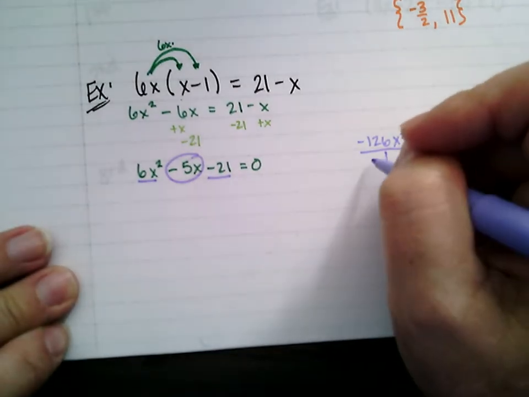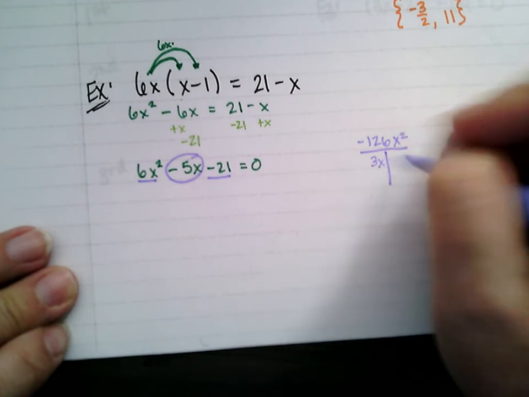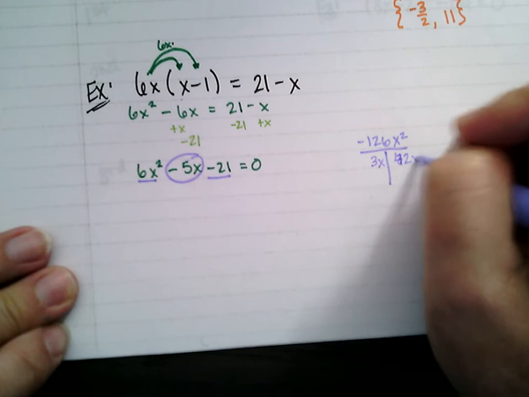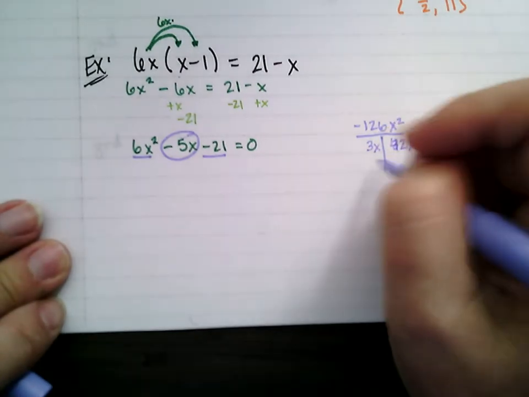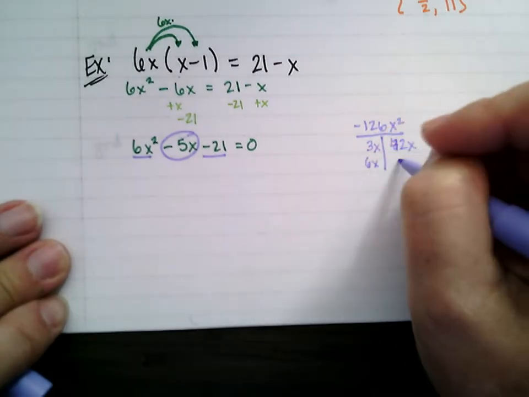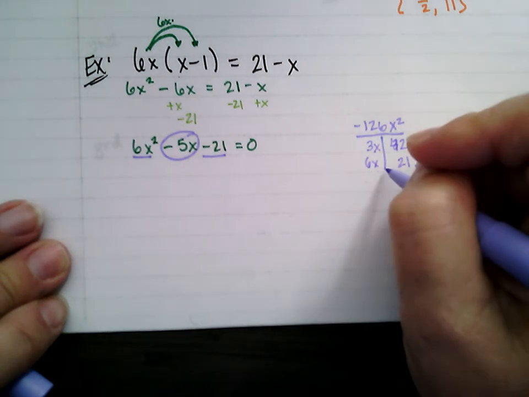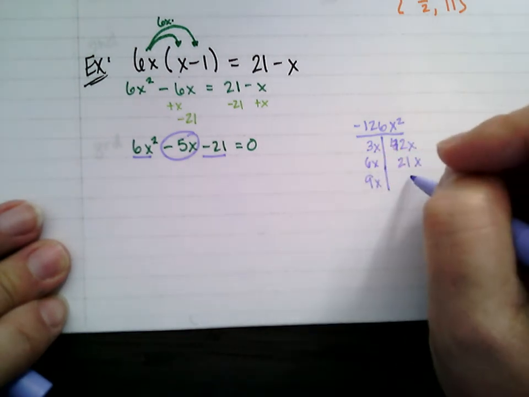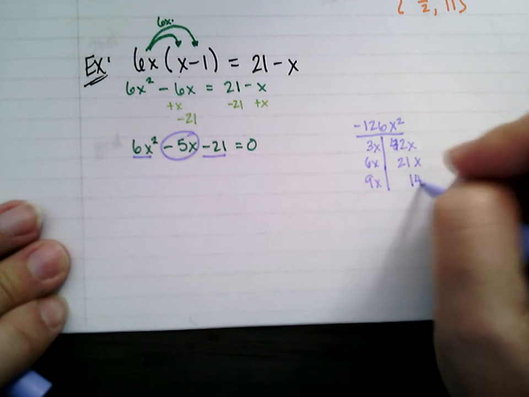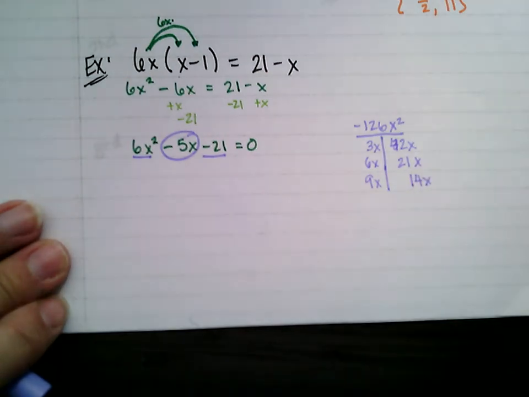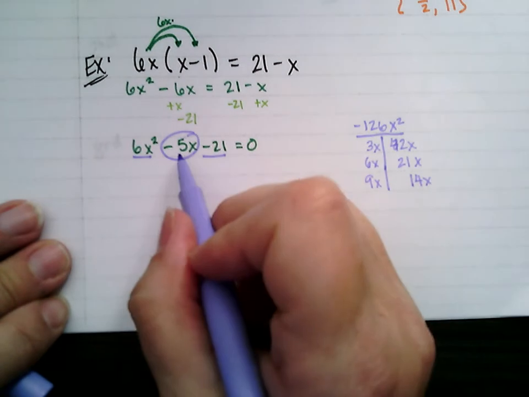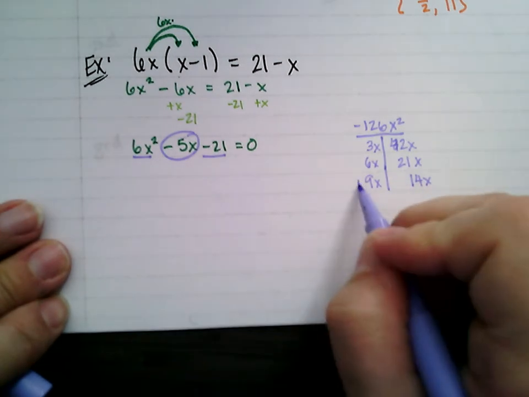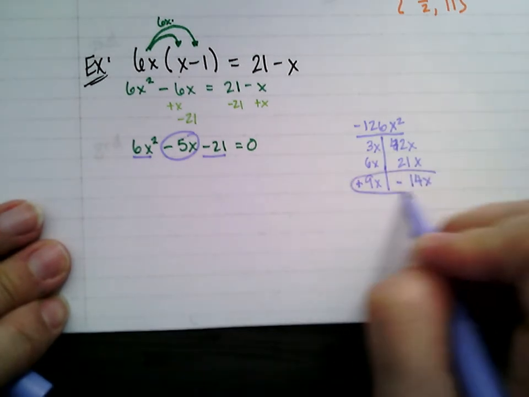So let's see. Got 3x and 42x. 6x and 21x. 9x and 14x. Ooh, there we go. 9x and 14x. So since I need it to be negative 5, it'll be plus 9x minus 14x.